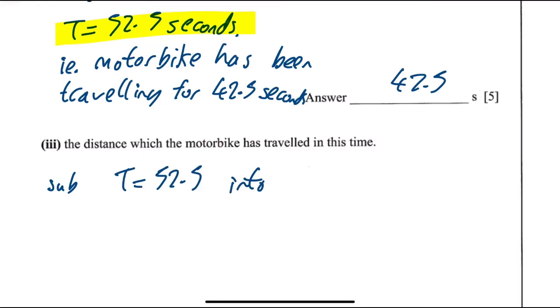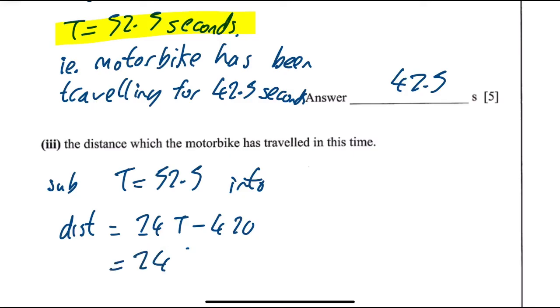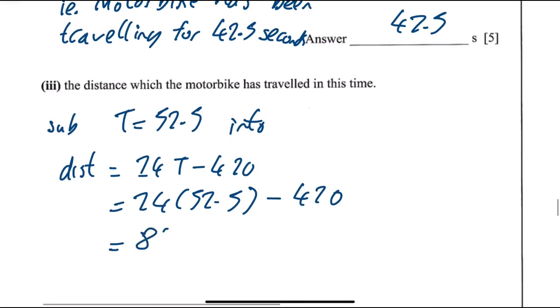Distance is equal to 24 times t minus 420, so it becomes 24 times 52.5 minus 420, which works out to be 840 metres.